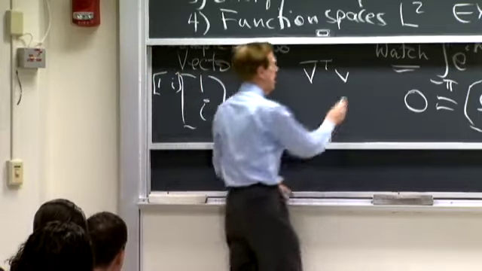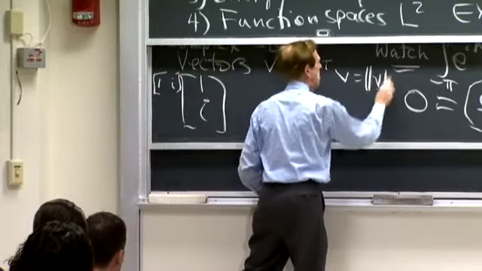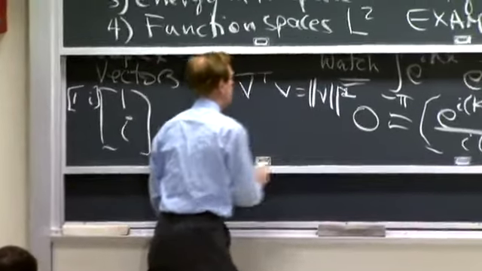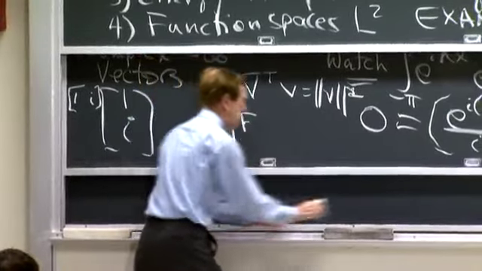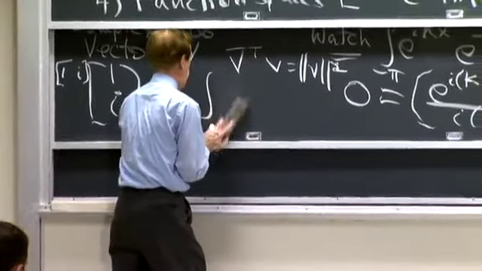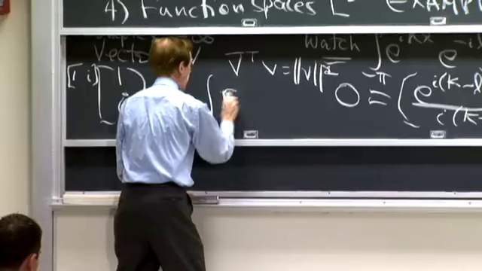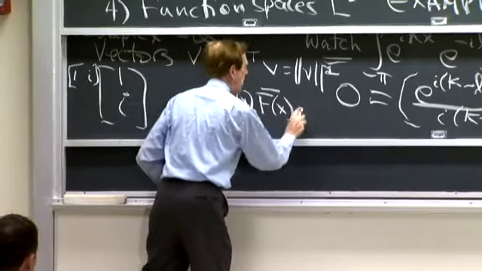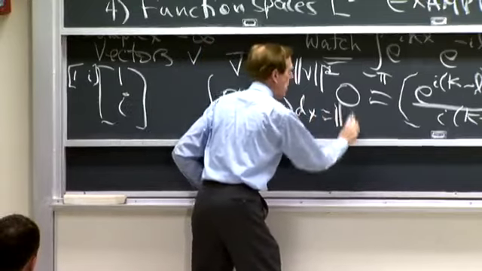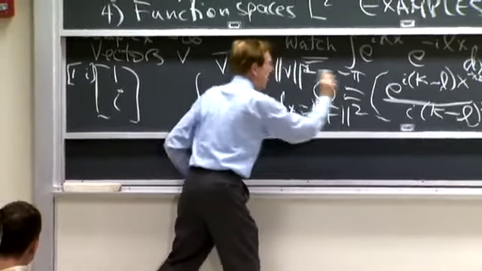This is the thing that gives me the length of v squared. And it's the same thing for functions. It's the integral of f of x times its conjugate that gives me the length of f squared.